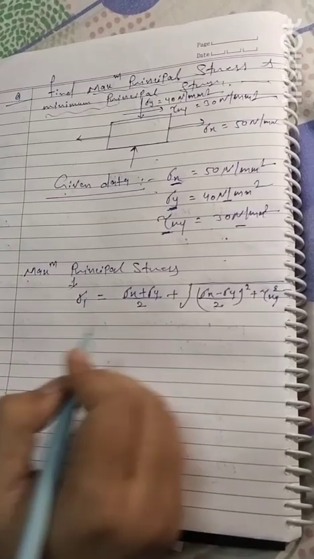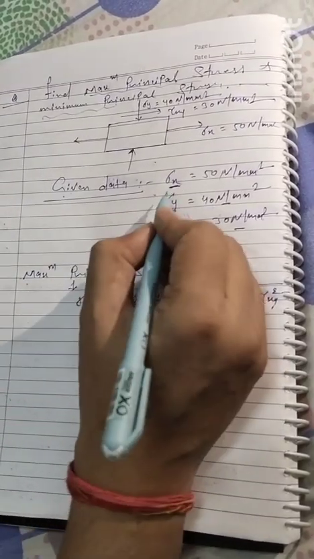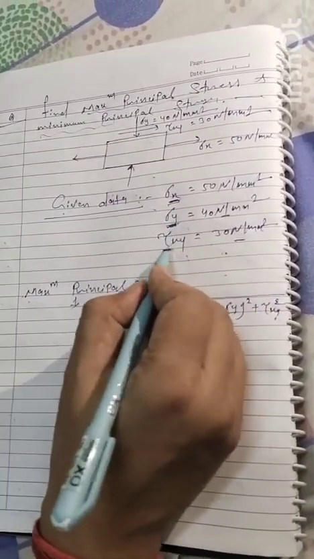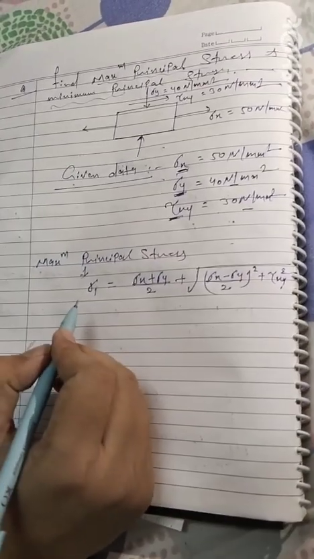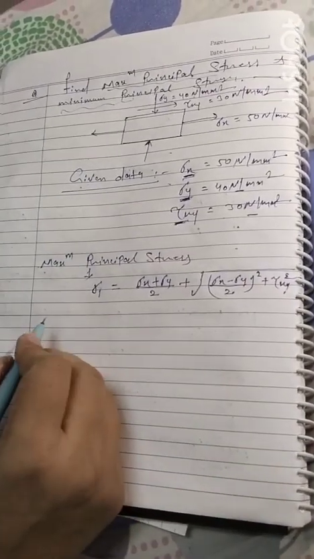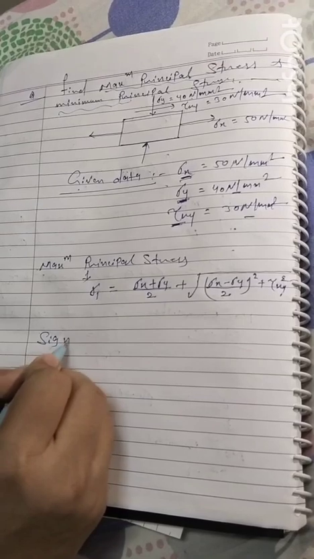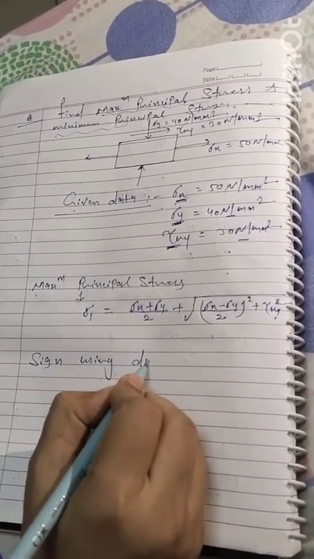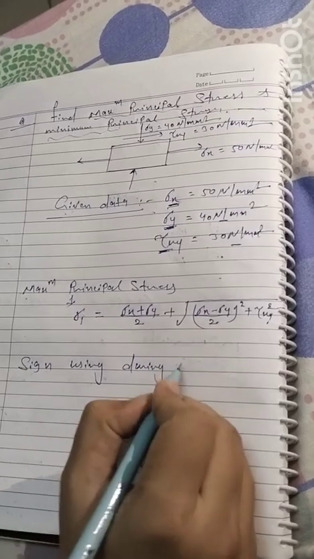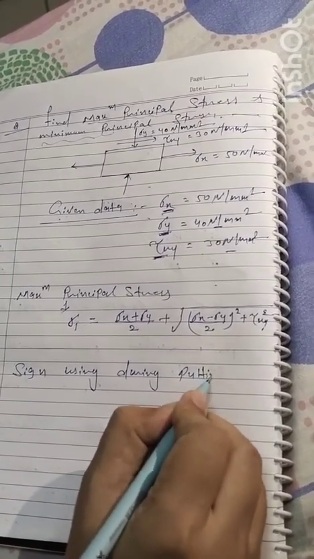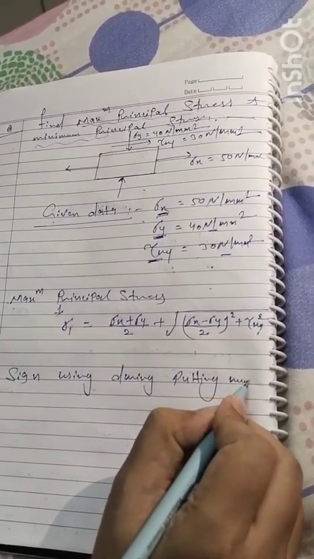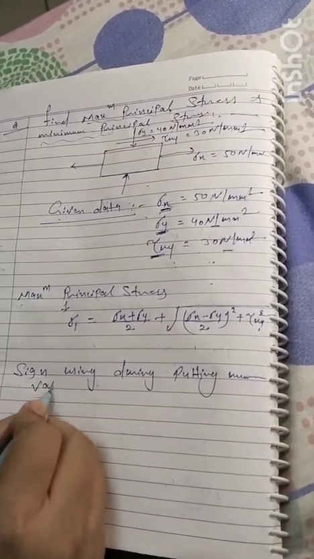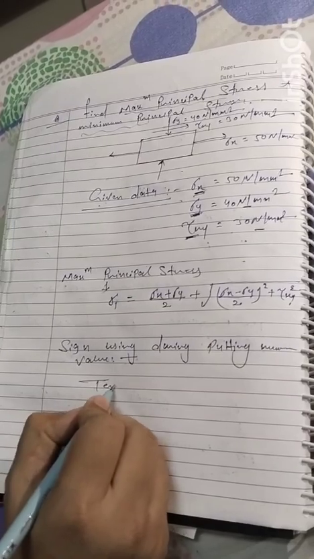So now before putting the value of sigma x, sigma y and tau, you should clear one concept, that is the sign to use during putting numerical values.